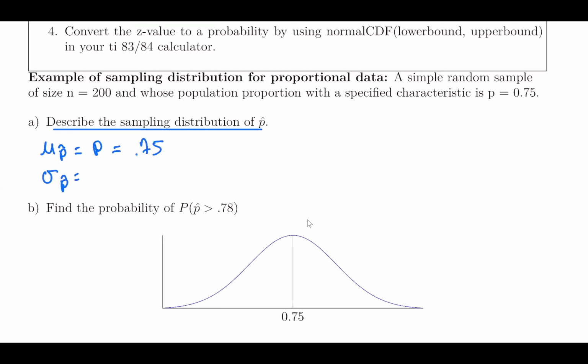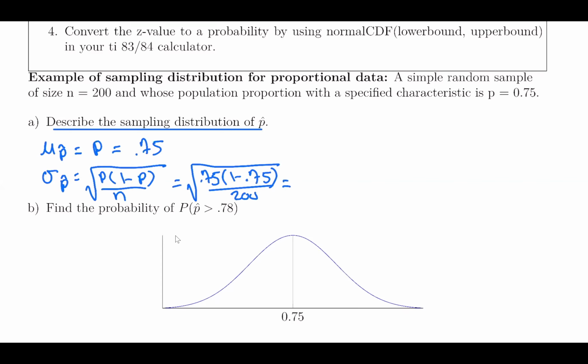To find sigma of p hat, I do the square root of p times 1 minus p, divided by n. So we do the square root of 0.75 times 1 minus 0.75, divided by n, which in this case is 200.